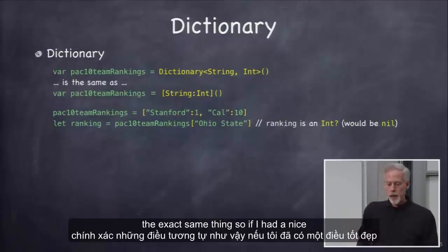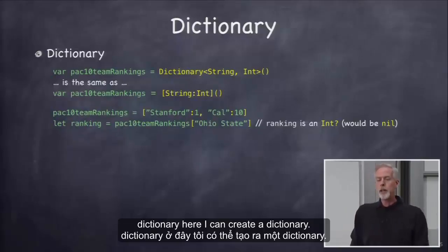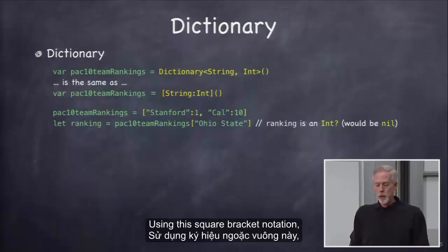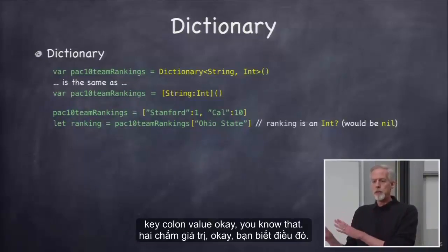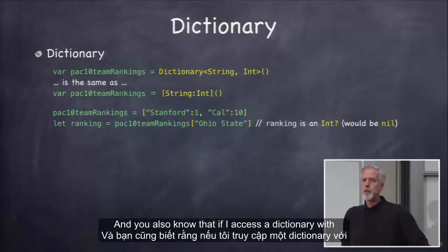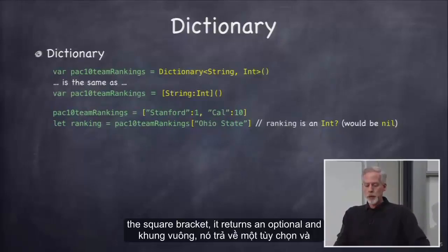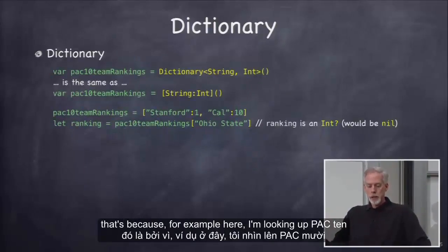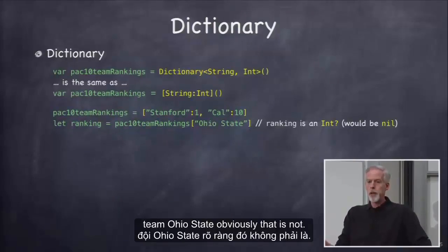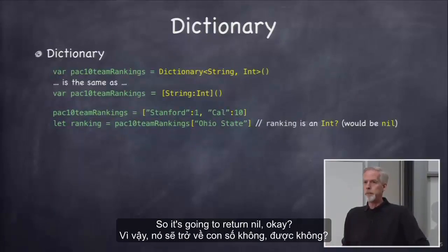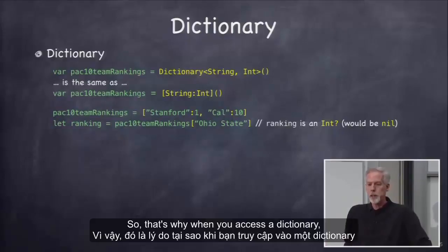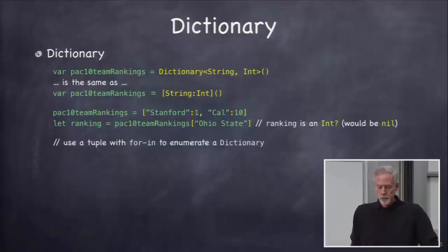So I can create a dictionary using this square bracket notation, which is just square bracket, key colon value, comma, key colon value. You know that. And you also know that if I access a dictionary with the square brackets, it returns an optional. That's because, for example, here, I'm looking up Pac-10 team Ohio State. Obviously, that is not a Pac-10 team, so it's not in the dictionary, so it's going to return nil. So that's why when you access a dictionary, it comes back as an optional.